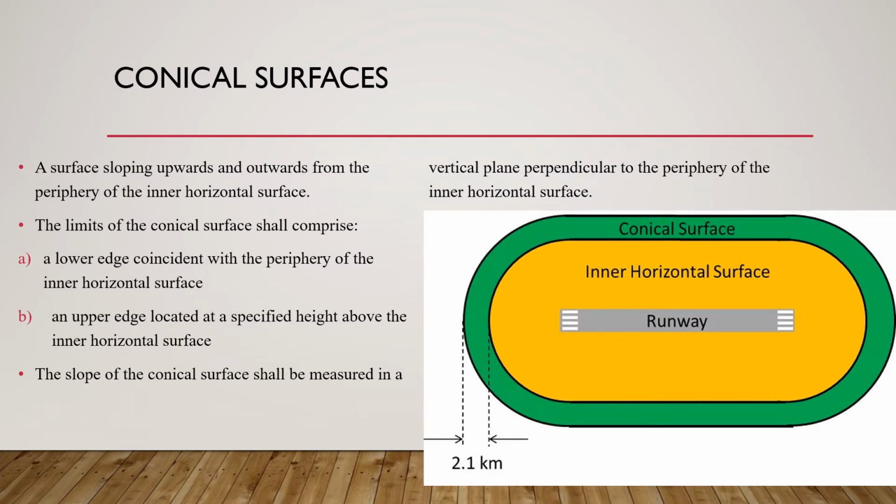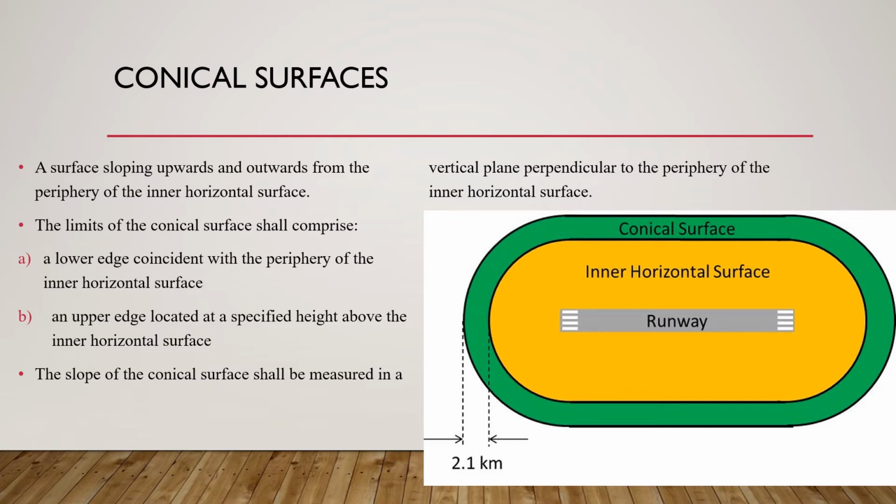Now, the next surface, when you move farther away from the inner horizontal surface, is the conical surface. This surface slopes upwards and outwards from the periphery of the inner horizontal surface. So, where would be the lower edge here?